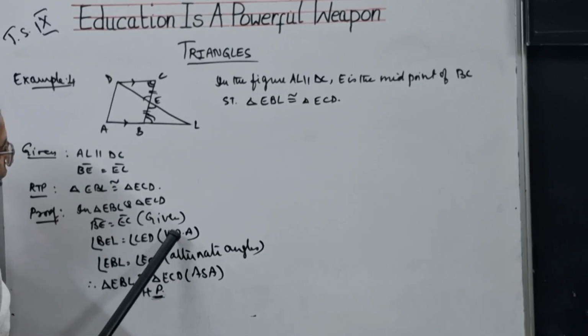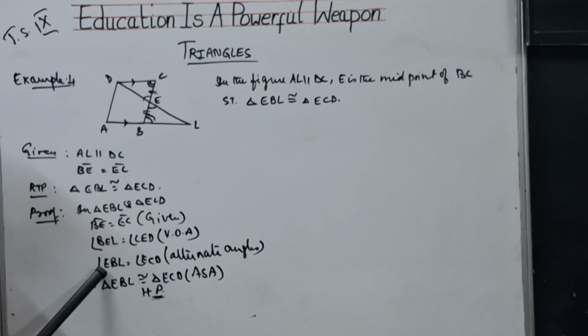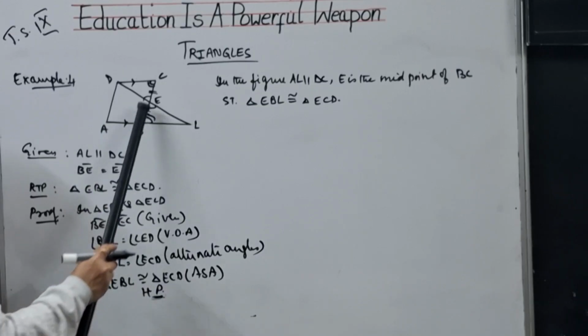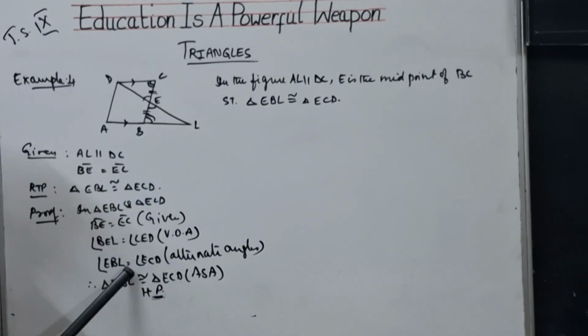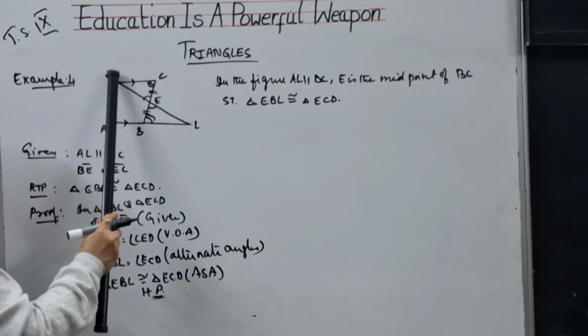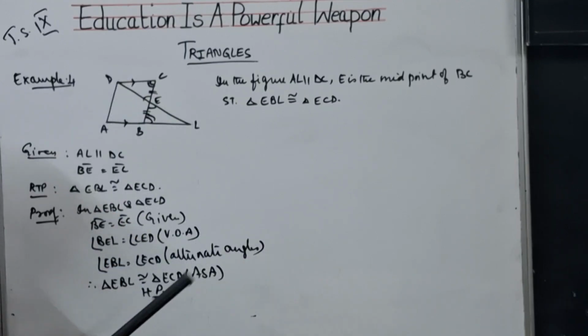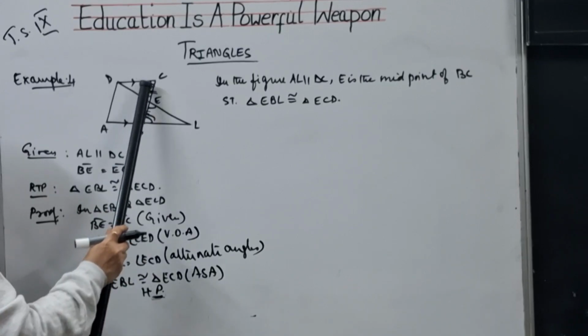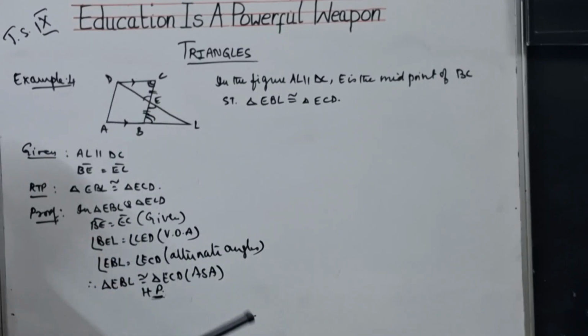Why? They are vertically opposite angles. And angle EBL is equal to angle ECD. They are alternate angles. So the two triangles are congruent basing on angle side angle property, children. So please note it down.